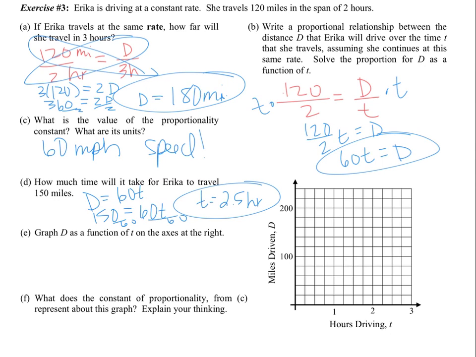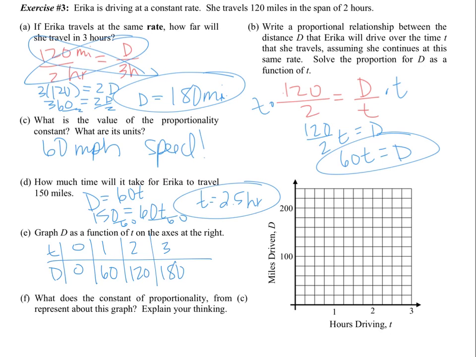Now letter E says graph D as a function of T on the axes at the right. What you can do is make a table, where we have our time and distance. At 0, they've gone 0 miles. At 1 hour, they've gone 60 miles. At 2 hours, 120. At 3 hours, 180.